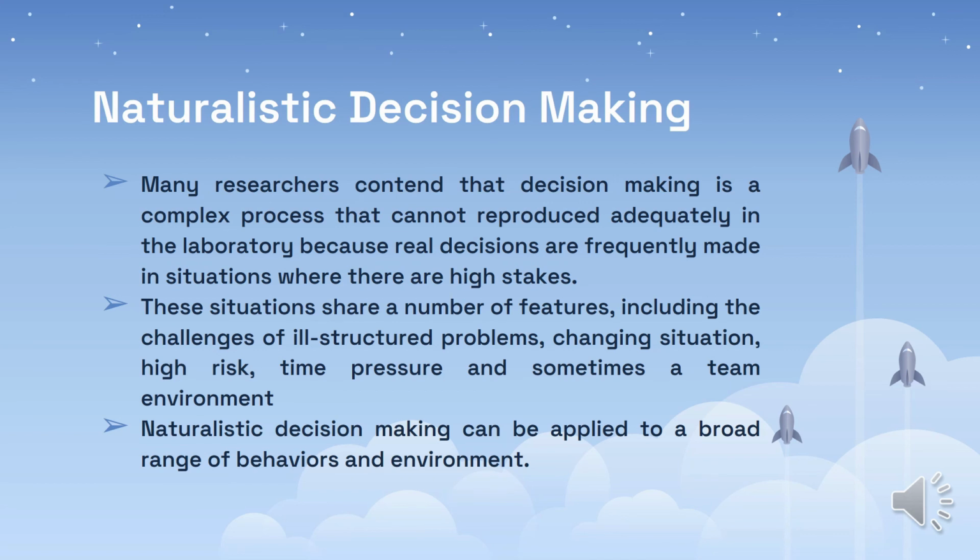These situations share a number of features, including the challenges of ill-structured problems, changing situations, high risk, time pressure, and sometimes a team environment. A number of models are used to explain performance in these high-stakes situations.